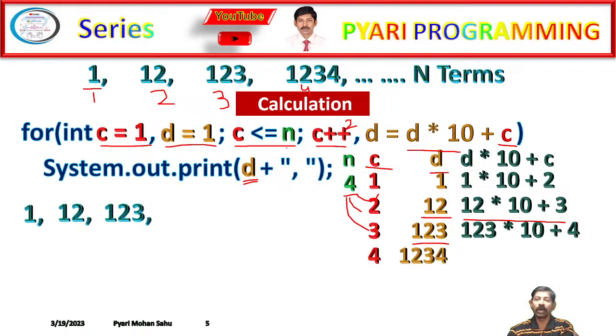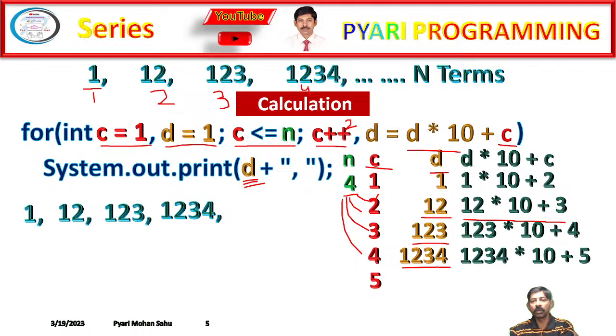After that condition, 4 is less than equals to 4. It is true. So I display d value. What is d value? 1, 2, 3, 4. So it will display 1, 2, 3, 4. After that, update the c value to 5. Then update the d value, 1234 into 10, that is 12,340 plus 5, that is 12345.